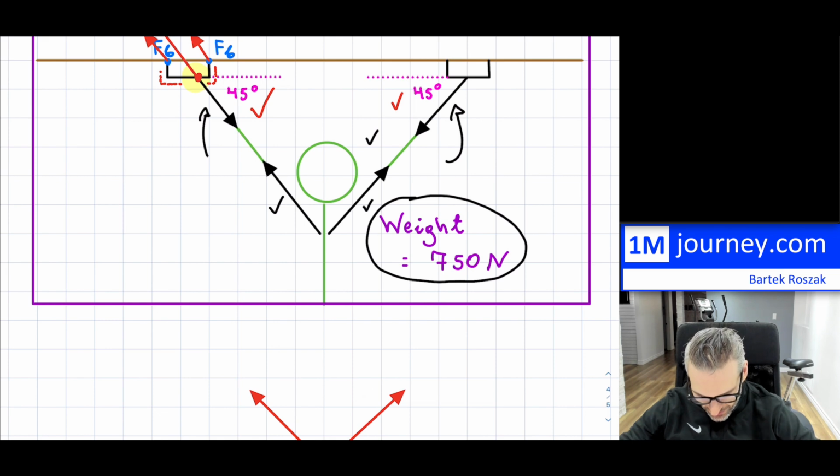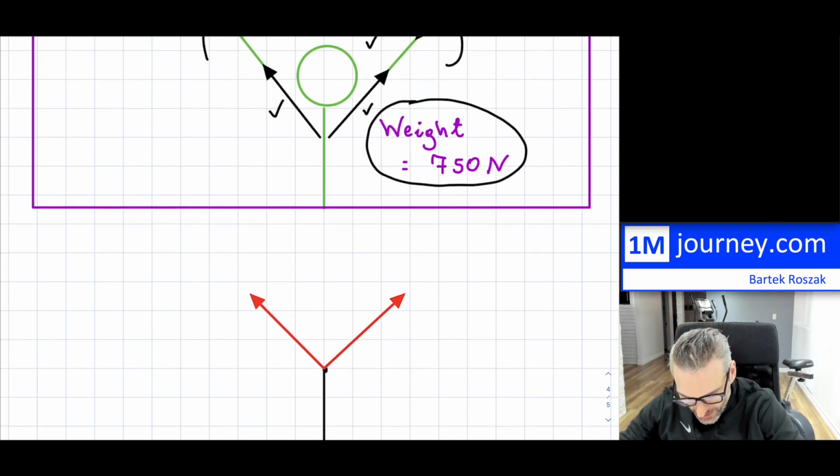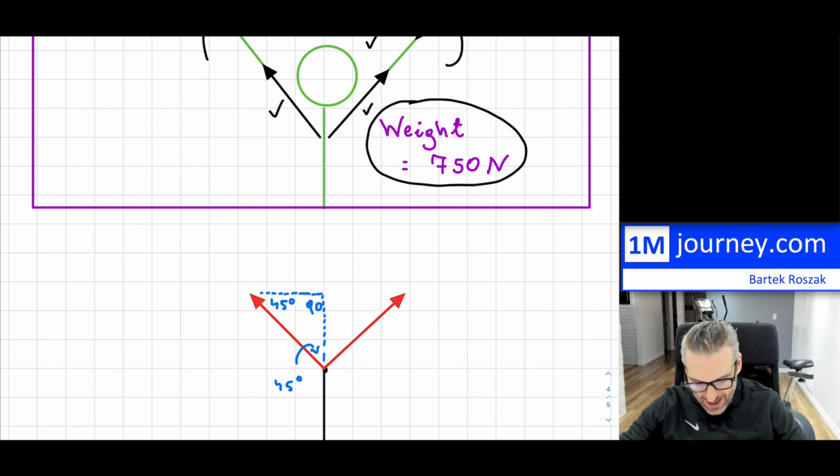And if you're thinking about that, this is going to be creating a triangle. So this is a 90-degree triangle. So if this is 45, then this is 45 as well. That's how I'm getting that.